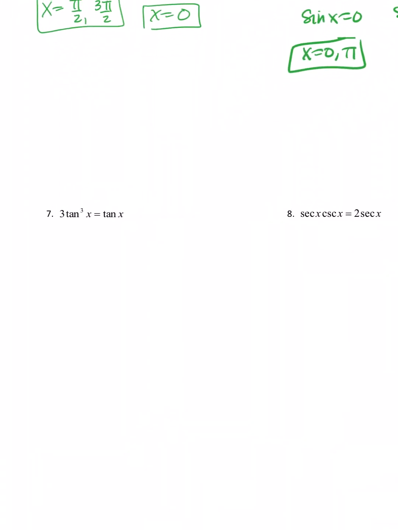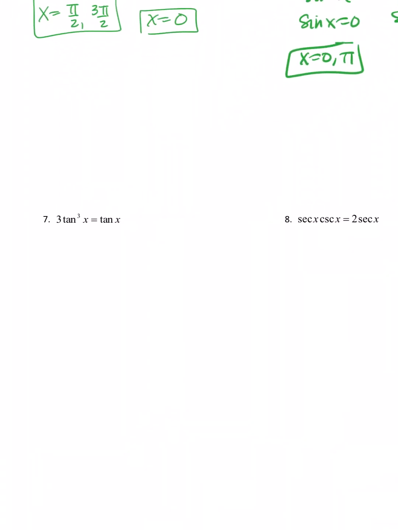Moving on. Let's try this one. So let's move our tangent over. And let's look at what can we factor out. We can take a tangent out of this, right?